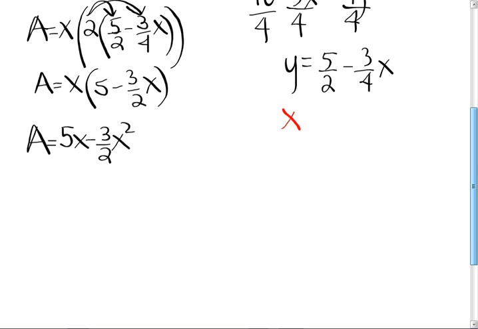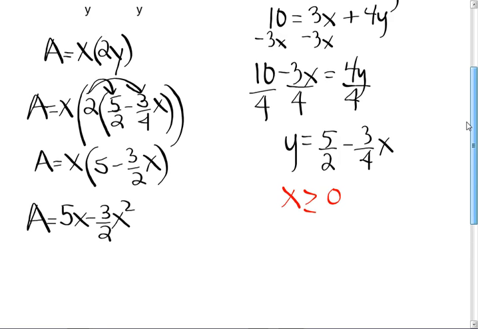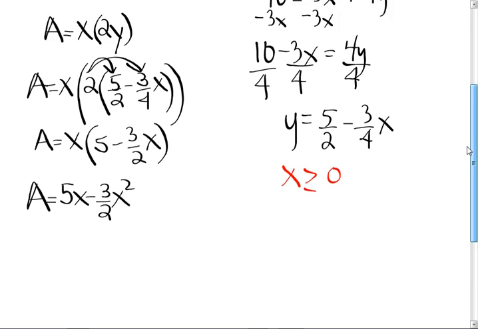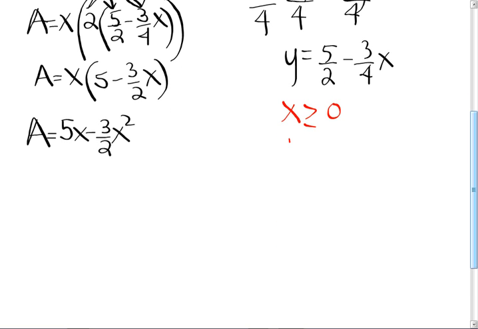So X, you really should do greater than 0, but because we're going to use mathematics to model this, we're going to use the mathematics and make it equal to 0. What's the other one that has to be greater than or equal to 0? Y. So Y must be greater than or equal to 0. So this function right here must be greater than or equal to 0.